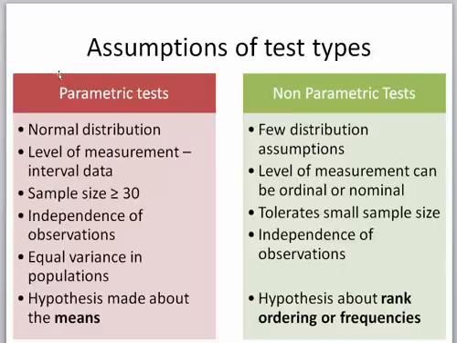From a type of measurement point of view, parametric tests generally assume that you have interval data. What that basically means is that you have data that makes sense, in that a difference between 1 and 2 millimoles is the same as between 2 and 3. So that interval is consistent. Whereas non-parametric tests can handle that, but they can also have ordinal or nominal or pretty much anything really.